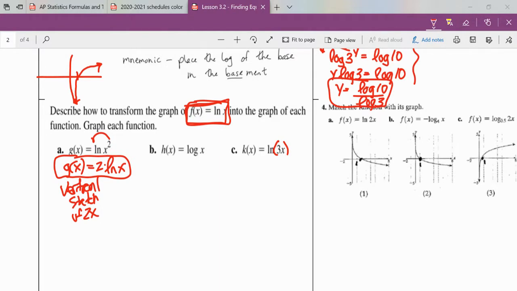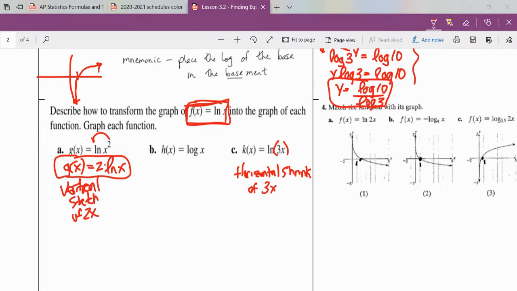So this isn't a stretch, it's actually going to be a squish. Because it's in with the x, it's a horizontal shrink or squish. I don't care which word you use. A horizontal shrink of 3 times. So it shrinks 3 times. You could also say it's 1/3 the size.